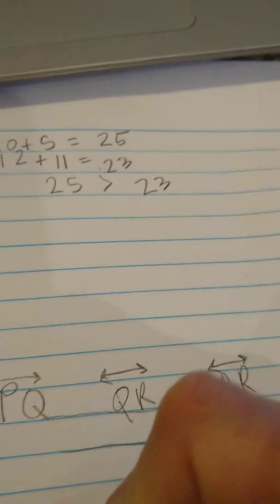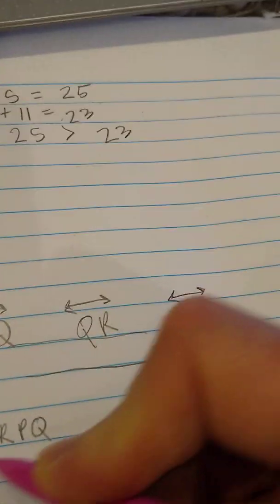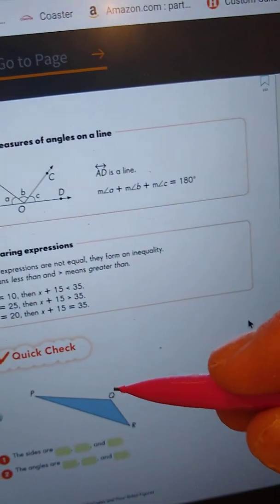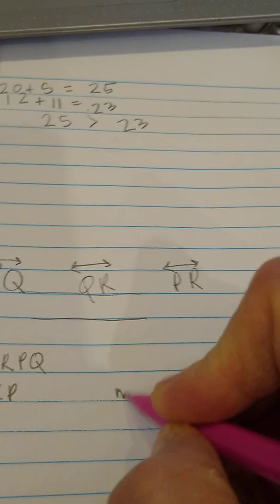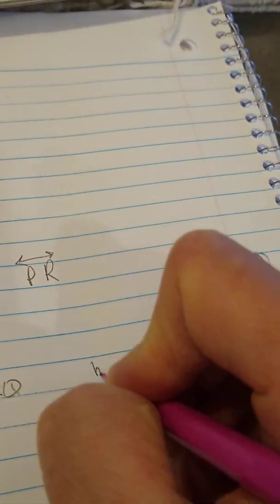So we would do measurement of angle RPQ, right? Or we can just write it measurement of angle P. That's another way to do it. So then you'd have measurement of angle Q, measurement of angle R. So we can just write it simply the M of Q and then the measurement of R, okay?